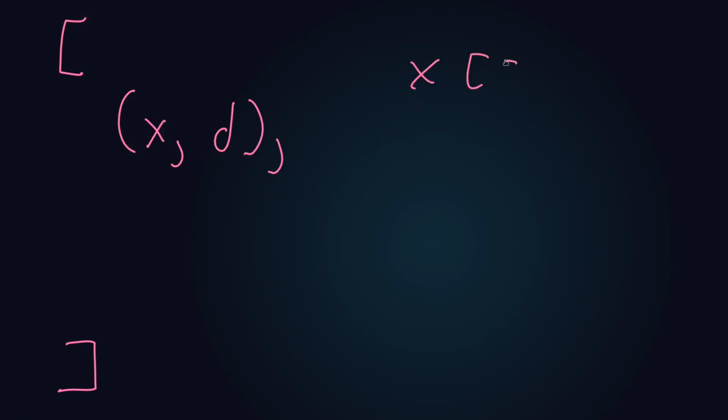The data set is a list of input-output pairs. If I want 200 points in the plane, I need 200 pairs of an input point and the desired label at that point, as numpy arrays, where x is going to look like this.